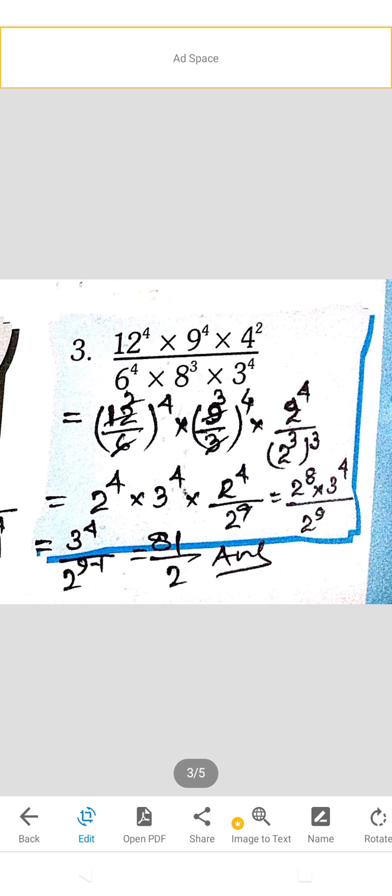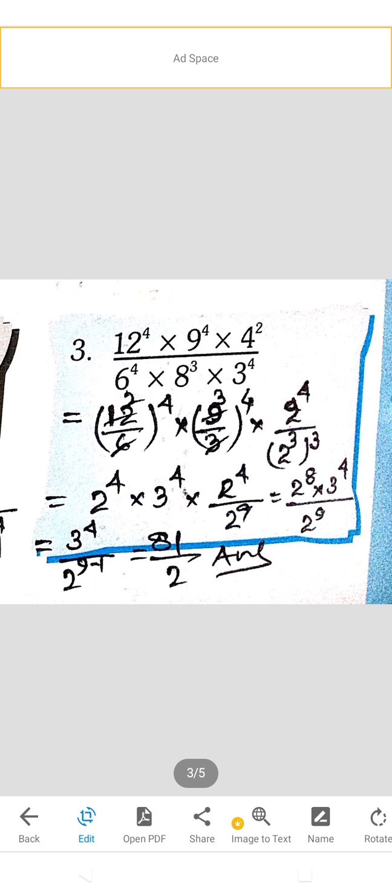So it can be written as 2 raised to the power 4 multiply 3 3 is 9. So 3 raised to the power 4 multiply 2 raised to the power 4 by 2 raised to the power 3 3 is 9. Now it can be written as 2 raised to the power 4 multiply 2 raised to the power 4, that is 2 raised to the power 8 multiply 3 raised to the power 4 by 2 raised to the power 9.